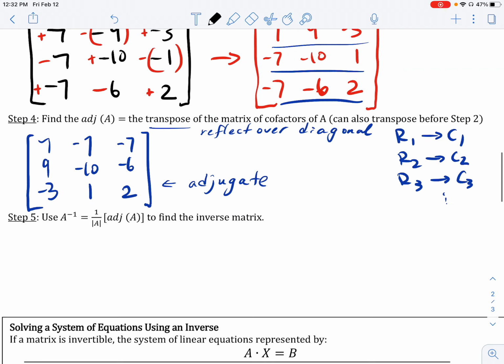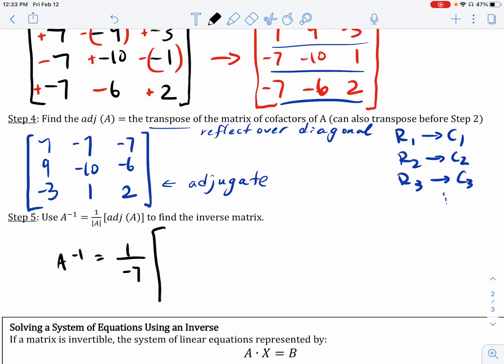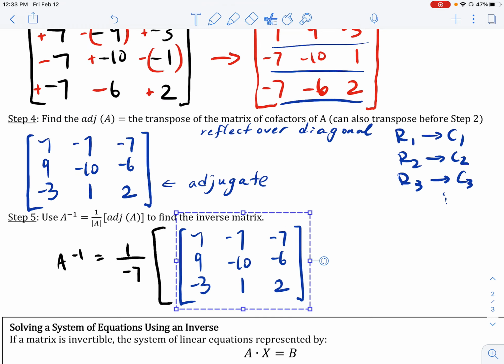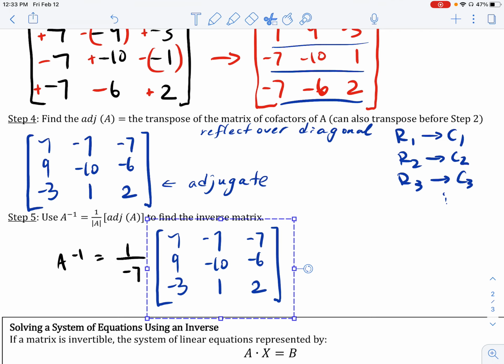So we're going to say our inverse is 1 over our determinant, which was -7, times this, and I'm just going to copy and paste this since I don't want to rewrite it again. We're now going to multiply this by our adjugate, and once we have done that scalar multiplication, we are done.